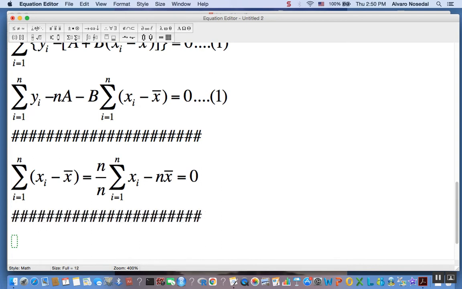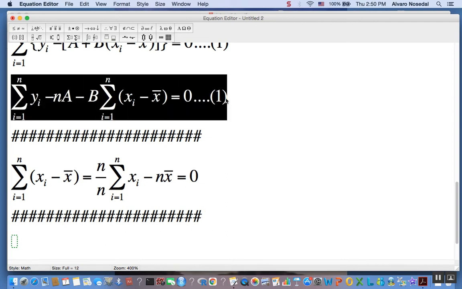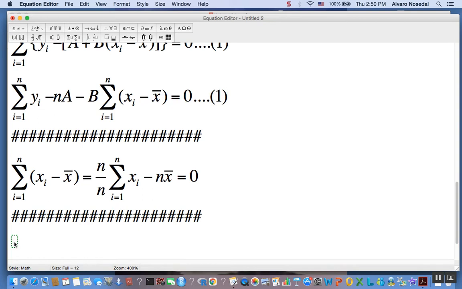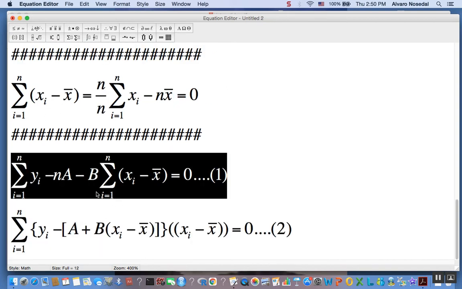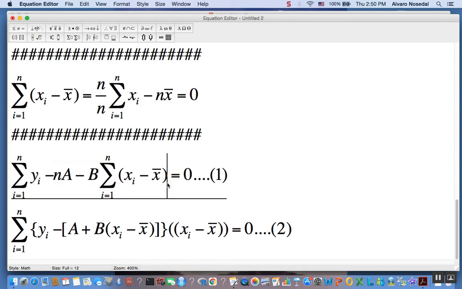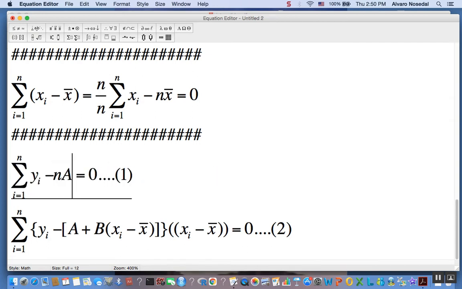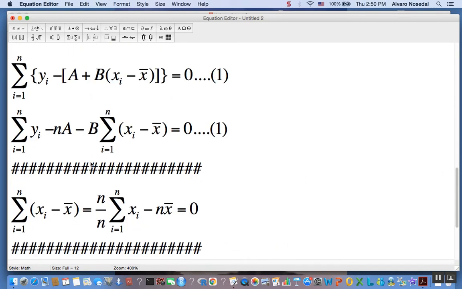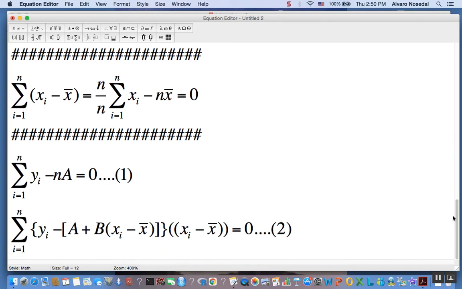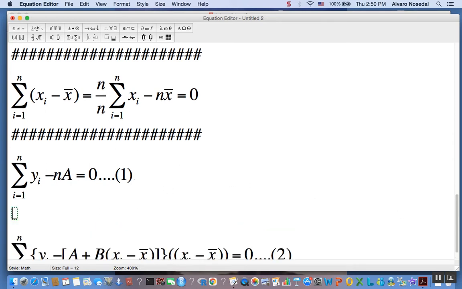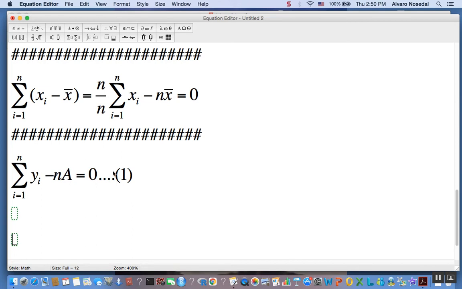Okay. So it turns out that our equation number 1 is equivalent to this. It's just equivalent to this, right? Can you see it? Because that third term is 0. We just showed it's 0. So when you solve for a, guess what? It's really beautiful, because then you have plus n times a, right?